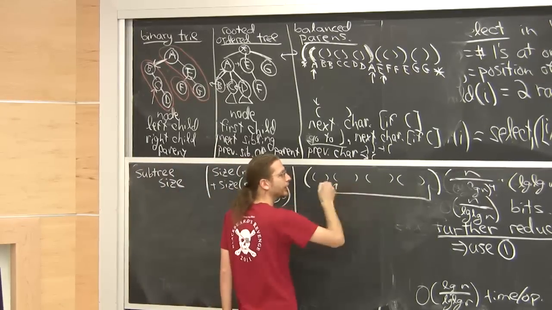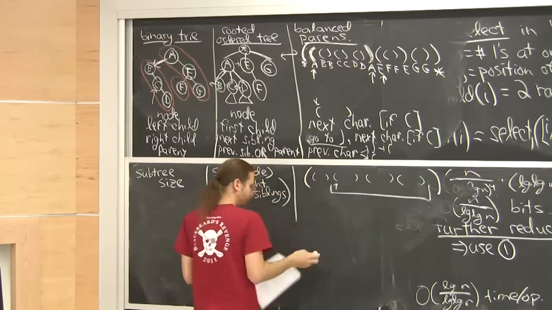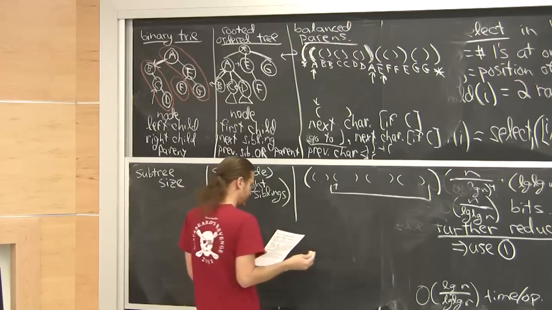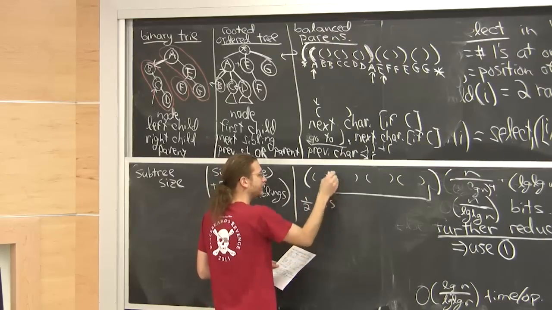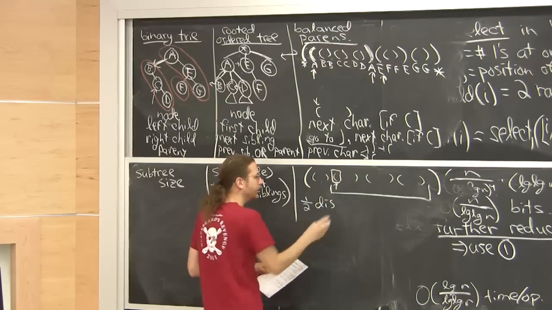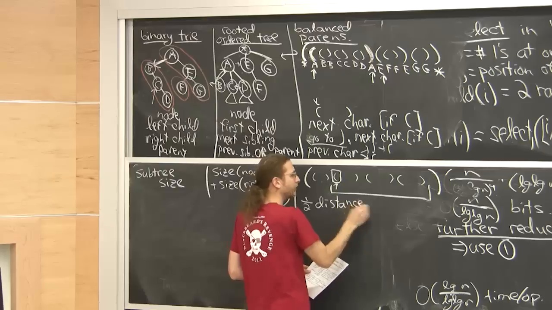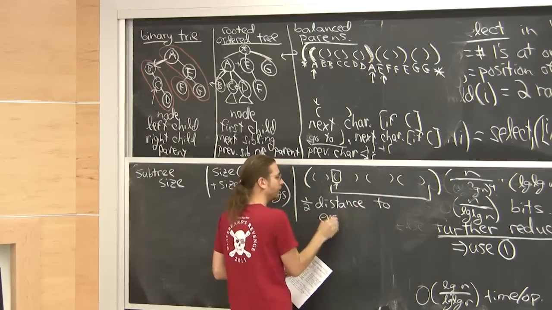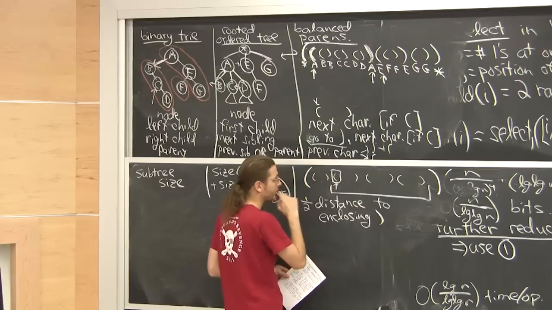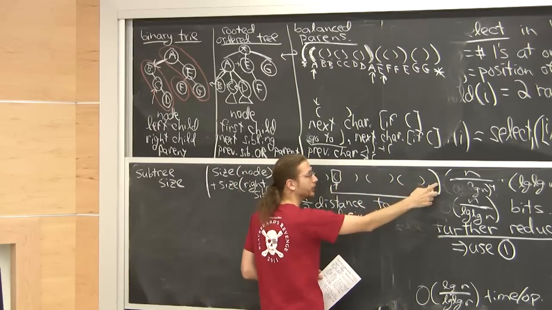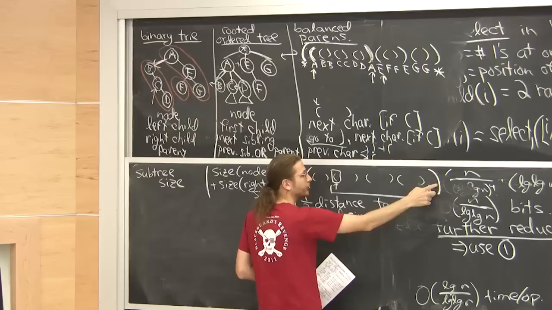We want to know the length of these. So it's just, we want to take, here we are at this left paren. We want to compute the distance to the enclosing closed paren. So that's here. That's our enclosing closed paren.